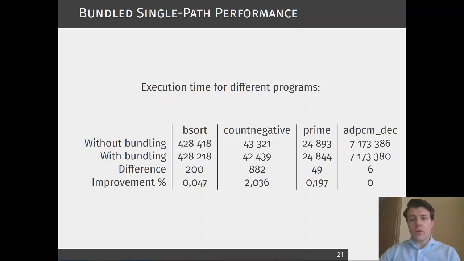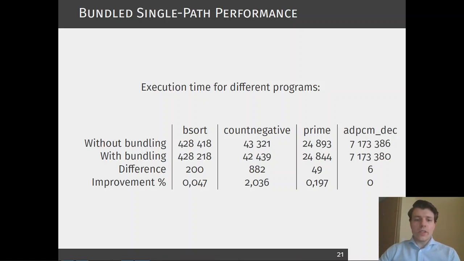What we see here is actually only 4 of those programs, because the bundling step didn't produce any improvements or changes in the instructions for 5 of the 9 programs. So what we're seeing here is the 4 programs that actually had any effect when bundling was enabled. In the first row is the number of cycles the program needed to run when it didn't have any bundling.